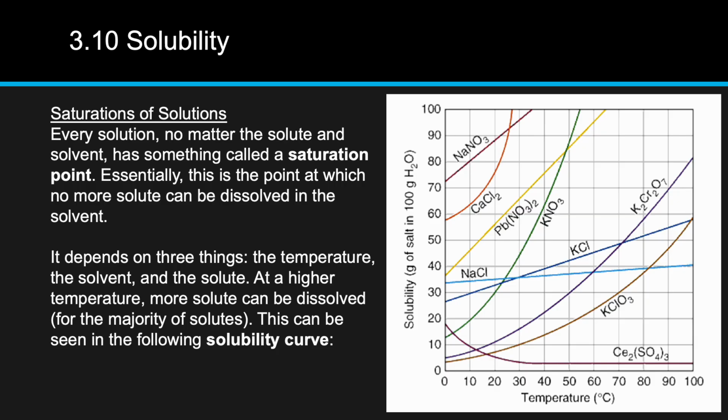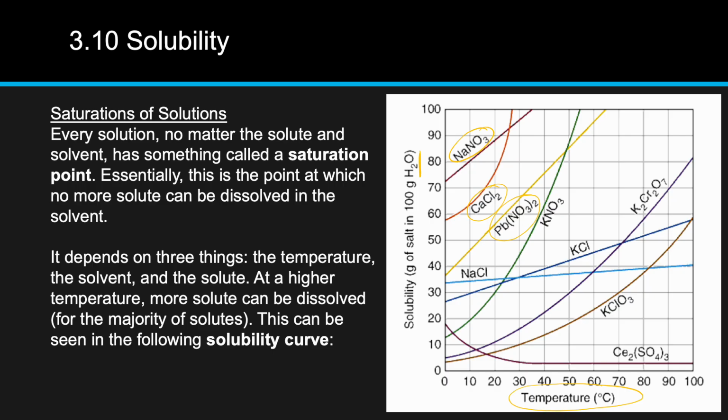The saturation point is going to depend on three main factors: the temperature, which is our x-axis, the solvent, which in this case is going to be water, and the solute itself, which is going to be labeled on each of these curves. For most substances, higher temperatures allow more solute to dissolve.